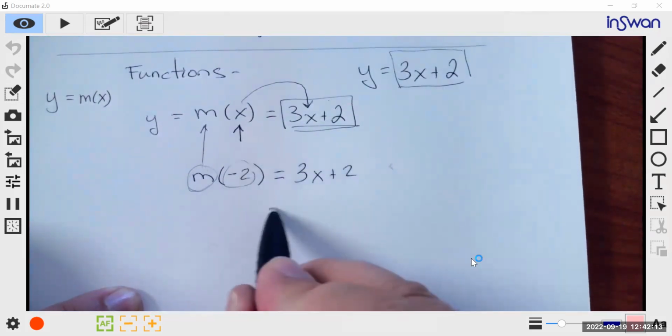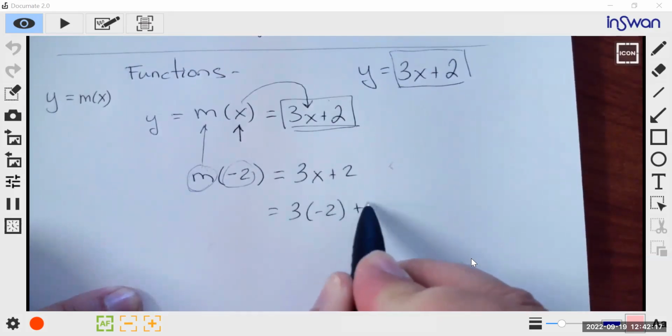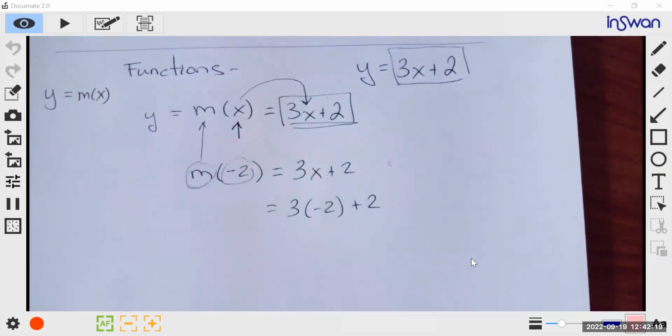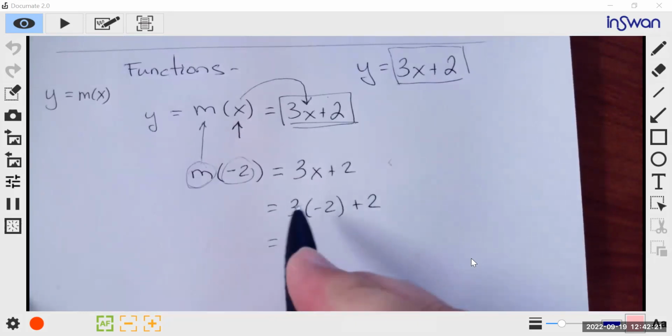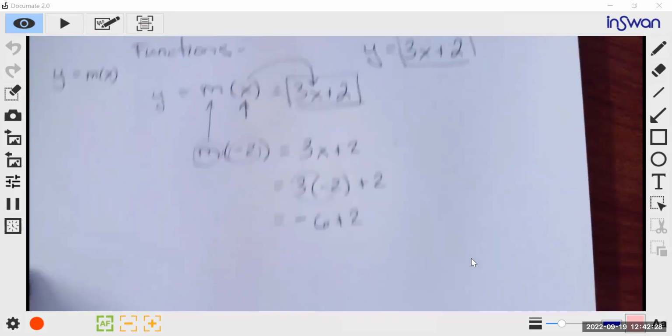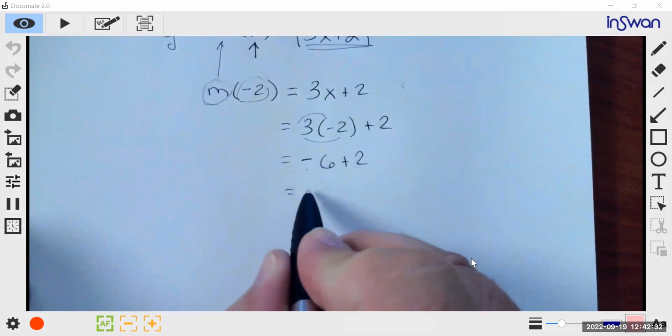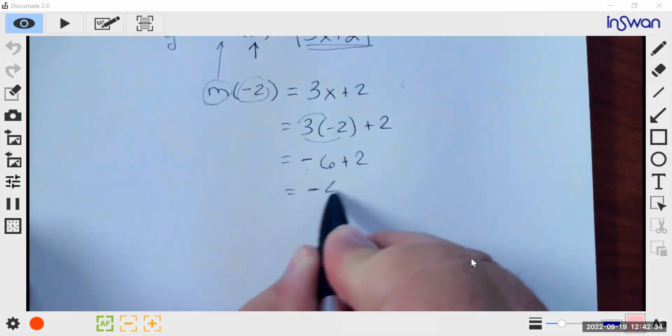Anywhere I see an X, I put whatever's inside the parentheses, and then I work it out. Positive times negative is negative. 3 times 2 is 6. Opposite signs, 6 is bigger, so it's negative. 6 minus 2 is 4.